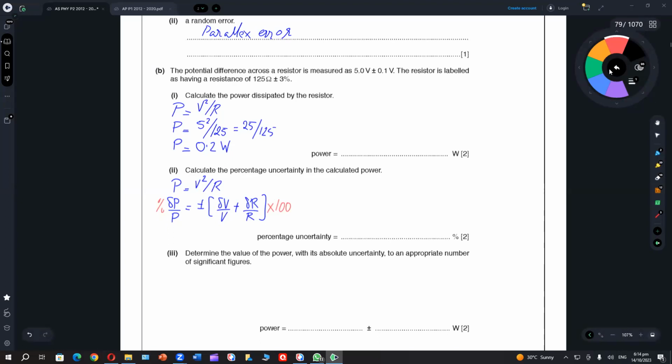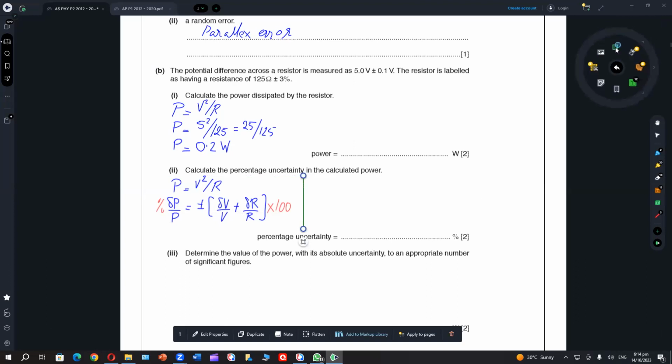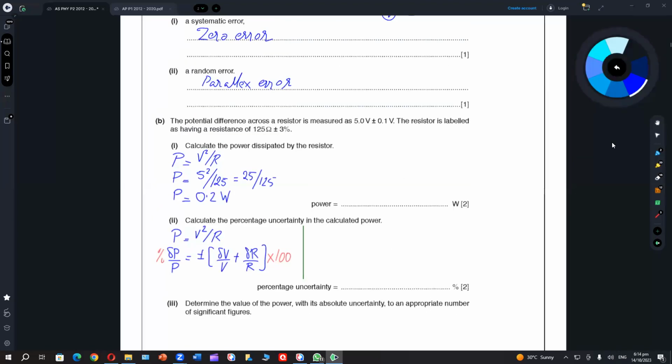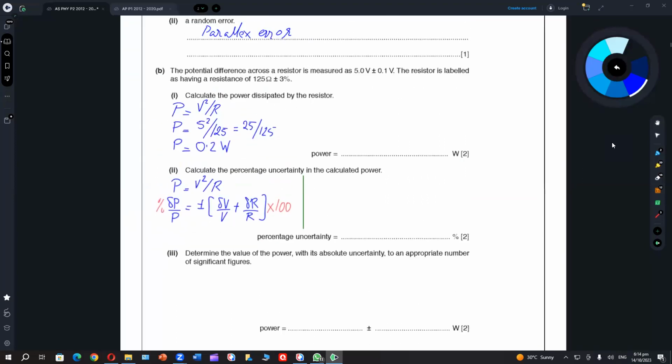Now I have made the formula, and as I always explain, you should make a presentation view. So I partition it, and then I have to put the values. Delta V upon V, which is 0.1 upon 5.